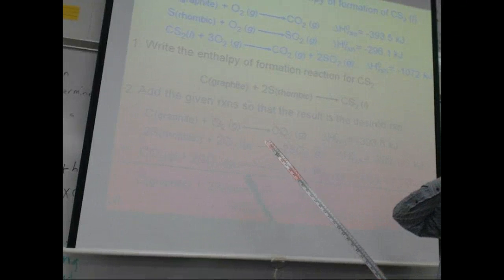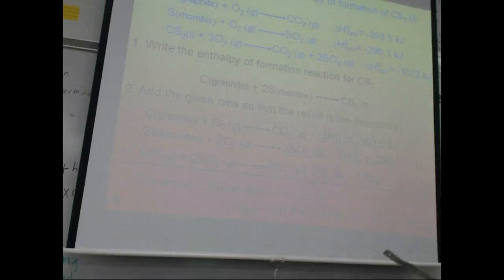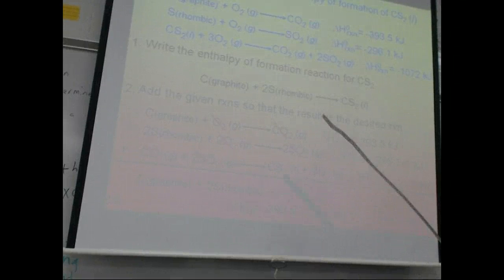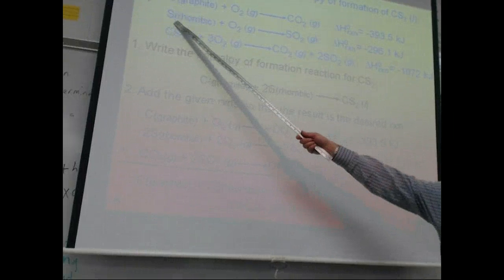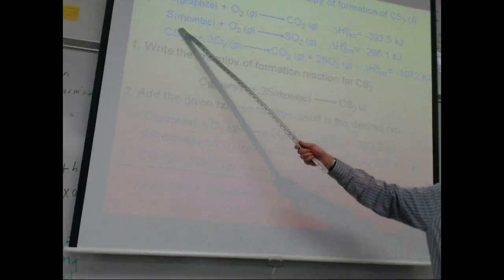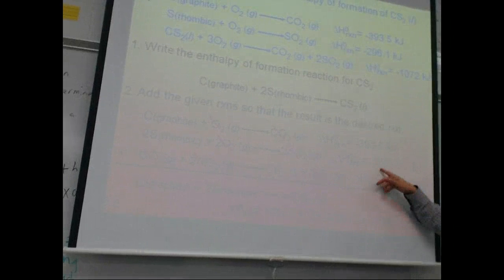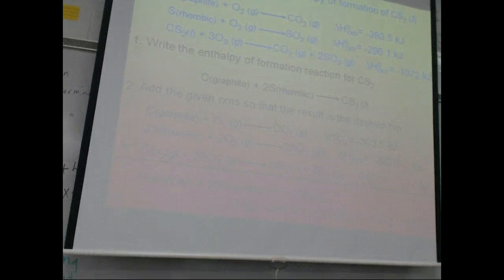So I have to match this: 1 carbon, 2 sulfurs. If I'm using this, I have to double it so that I have 2S. So this got doubled, so the delta H also got doubled. I've got to make the coefficients match.